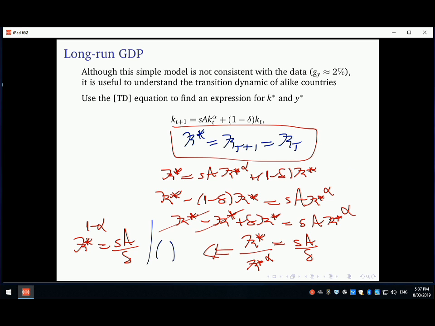So I'm going to raise everything to the power of 1 over 1 minus alpha. Right? By doing that, I actually get to cancel this term here, right? Because it's going to be little k star, all that to the power of 1, and it's equal to little s a delta.